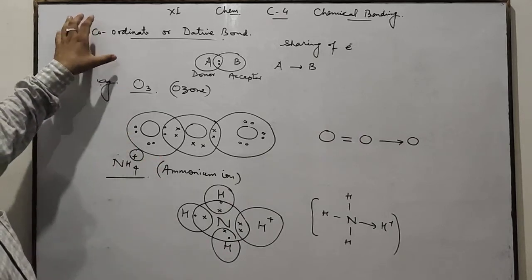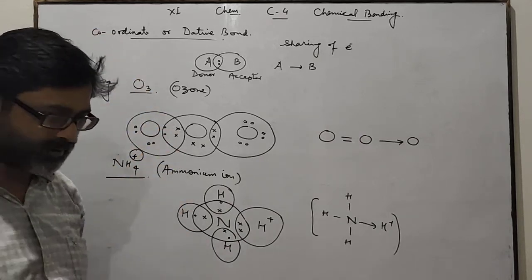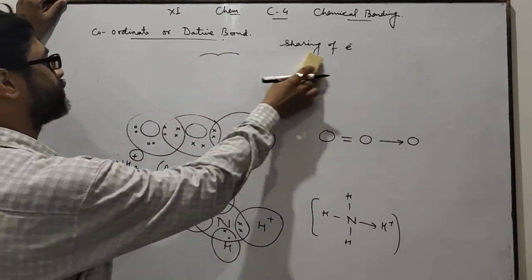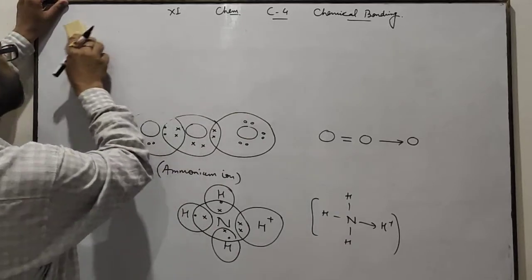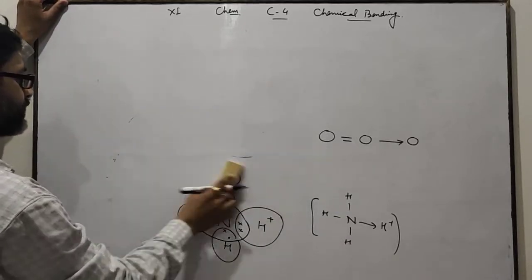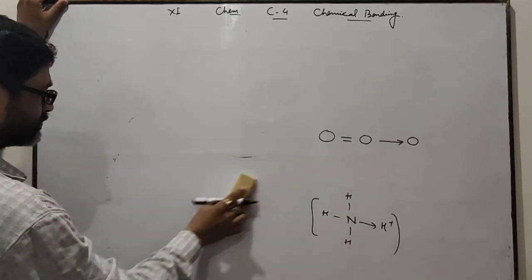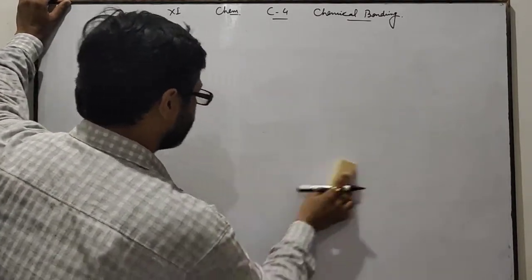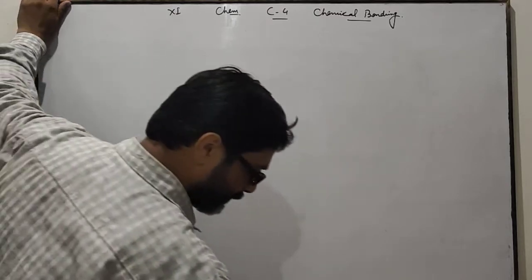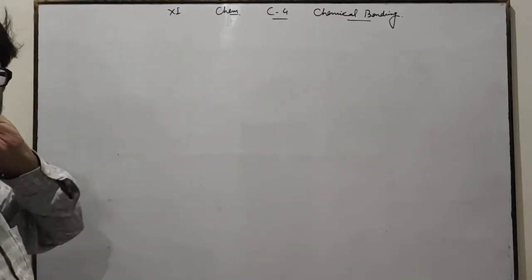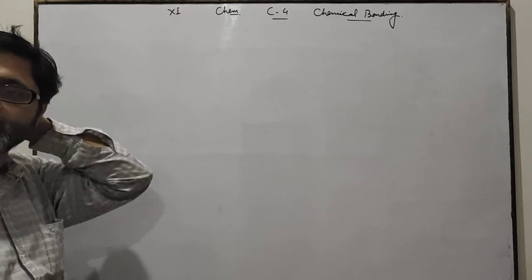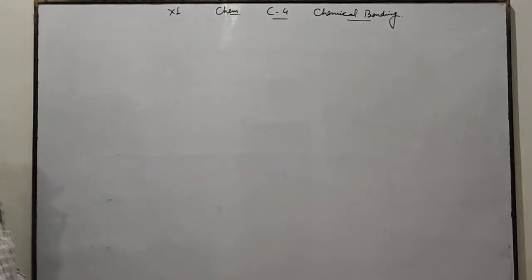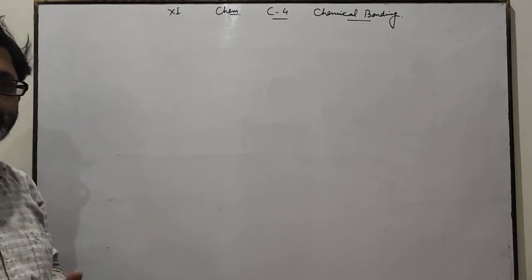In this way, this is the structure of the ammonium ion. So these are about the coordinate or dative bond. Now I am going to discuss some electron dot diagrams, or you can say Lewis diagrams of certain compounds. Keep in mind hydrogen completes only 2 electrons, a duplet, by sharing 1 electron, and all other atoms complete 8 electrons, an octet, by sharing or by transfer of electrons.